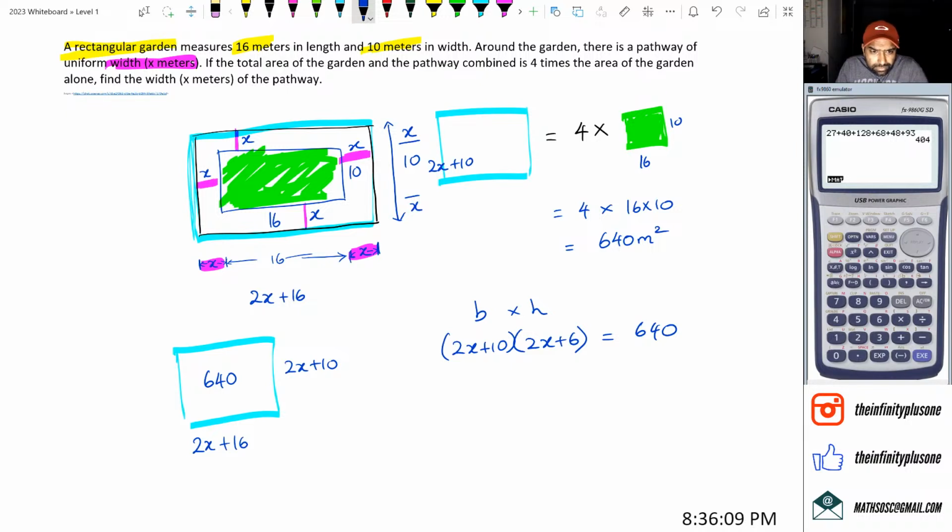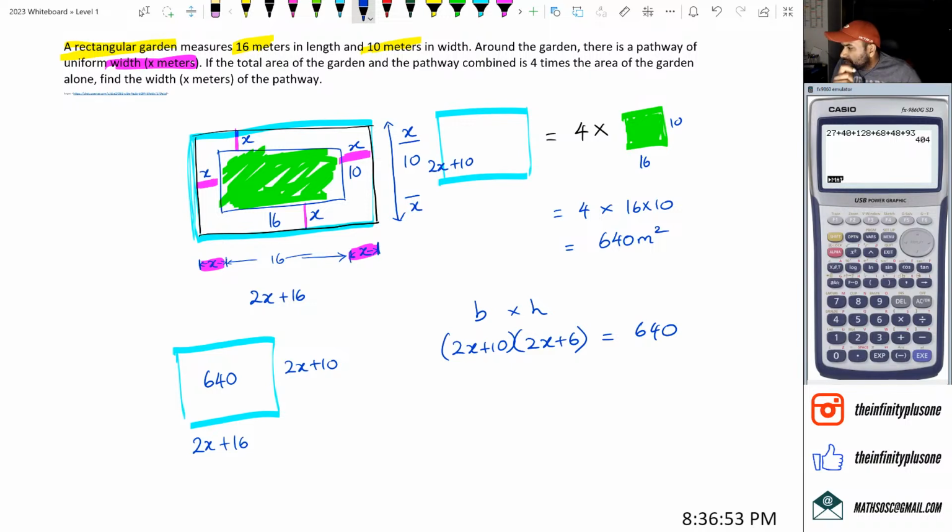Let me check. If the question says, hang on. You know how it says the area of 160 plus x equals 4 times 160? Hang on, how did you get 160 plus x?